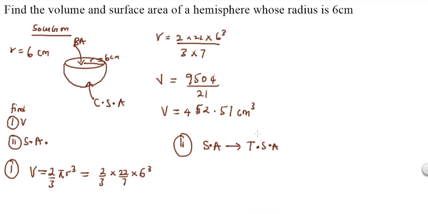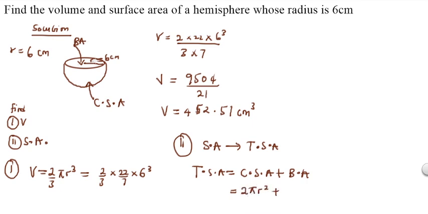Now, how do you find the total surface area of the hemisphere? The total surface area of a hemisphere is equal to the curved surface area, which is CSA, plus the base area. Now, the curved surface area is like if you cut a sphere into two. So it's half of the surface area of a sphere, which is 2πr².